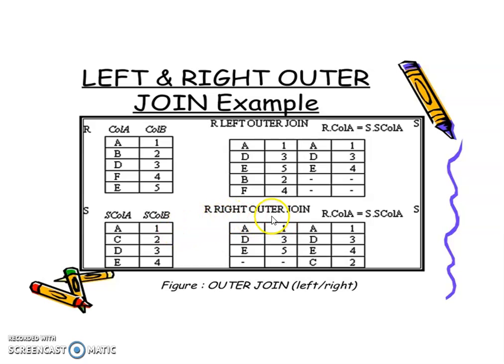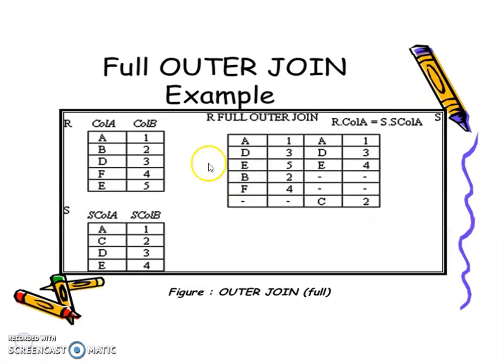For right outer join, keep the data from the right hand side tables. Now this is the example of full outer join. It means keep the records from both the tables, left hand side and right hand side.